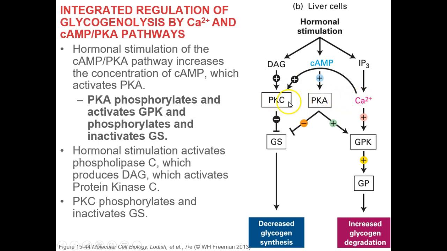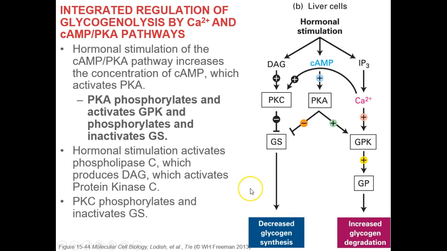And protein kinase C, remember, needs calcium to be fully active. Over here, IP3 causes calcium to be released from the endoplasmic reticulum, and that's going to help the glycogen phosphorylase kinase be active because of the calmodulin subunit, and that will ensure that the glycogen phosphorylase kinase is fully active so it can phosphorylate and activate glycogen phosphorylase, so glycogen is broken down.